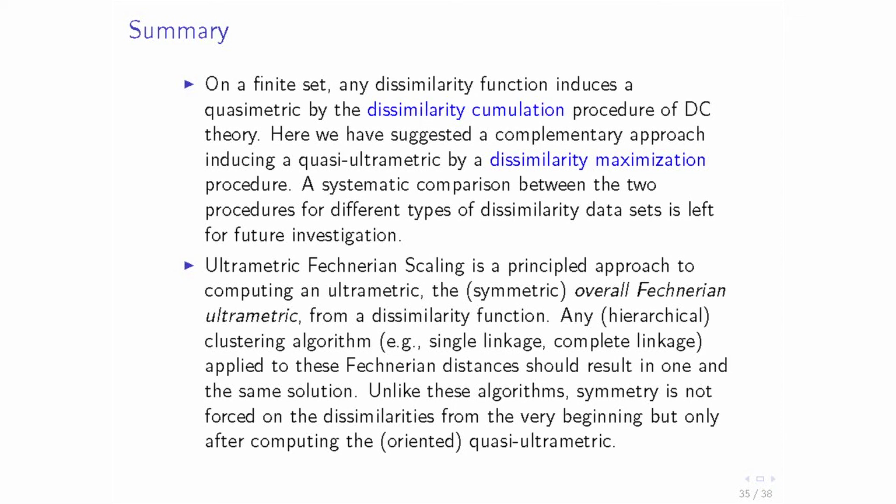Unlike these algorithms, however, symmetry is not forced on the dissimilarities from the very beginning, but only after computing the quasi-ultrametric if we want to have it symmetric. Actually, unlike the DC theory, its ultrametric counterpart does not generalize to arbitrary stimulus sets. For example, for R-connected spaces, the Fechnerian ultrametric is identically equal to 0.